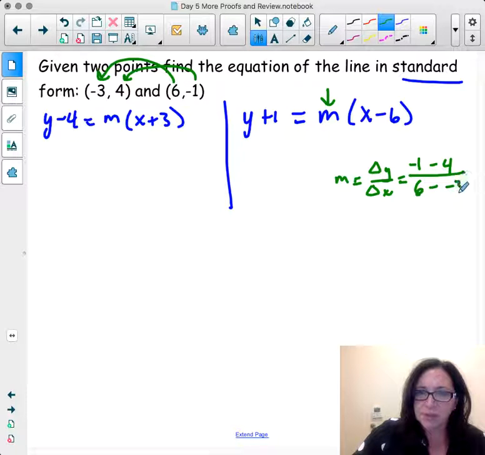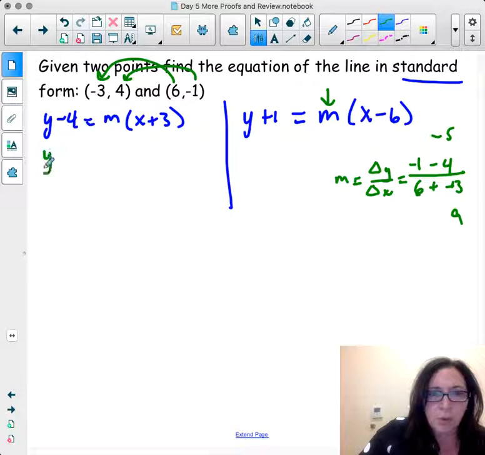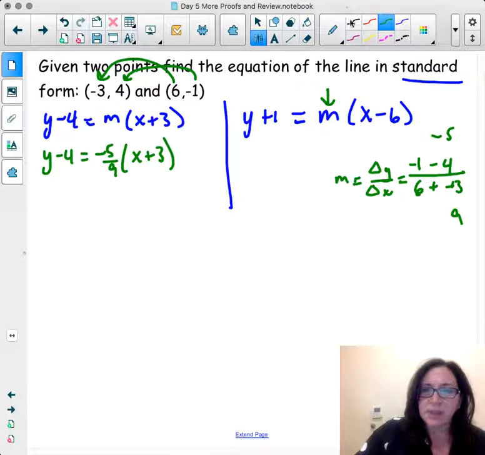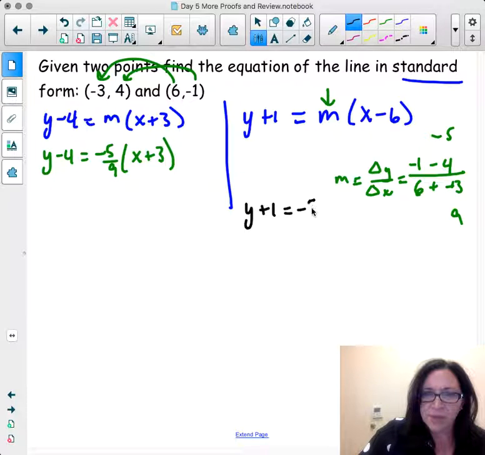That's going to give me, it looks like, negative 5 over 9. So that's my slope. So we have y minus 4 is equal to negative 5/9 times x plus 3. Same thing on this side. We're going to have, let's see here, y plus 1 equals negative 5/9 times x minus 6.